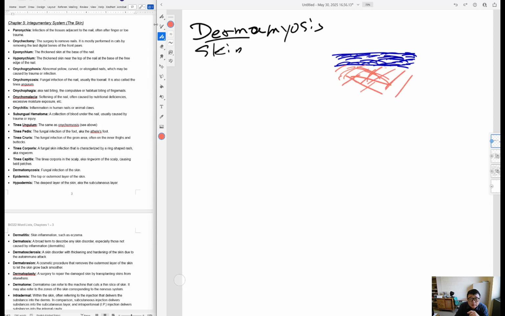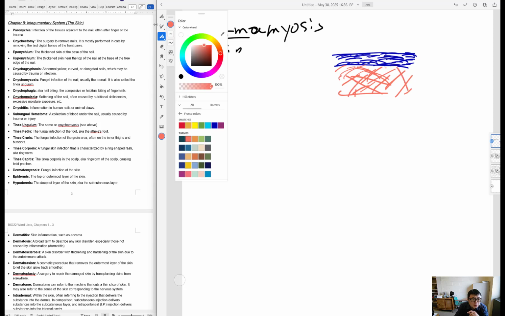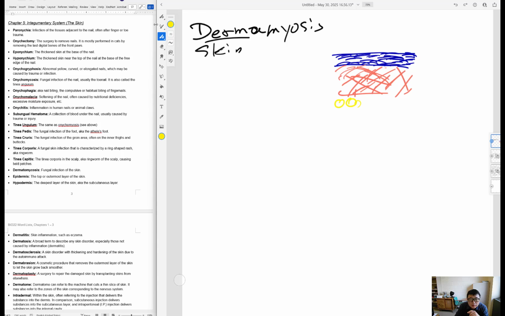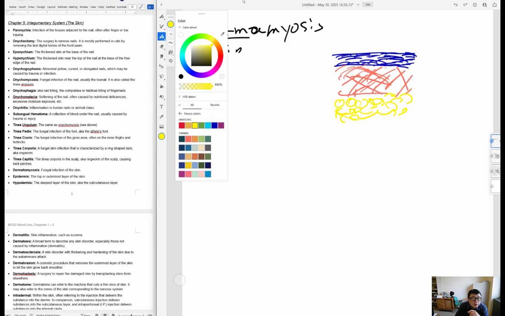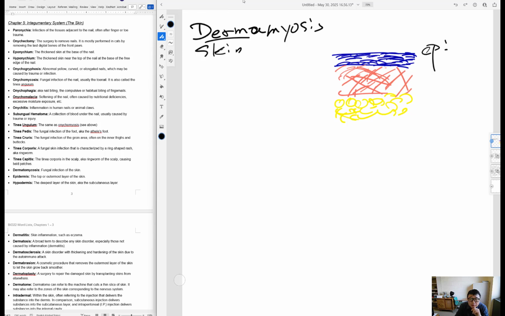These are the three layers of the skin. This layer is the active surface.